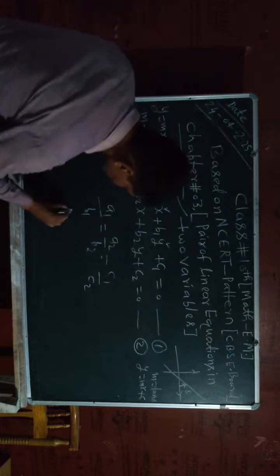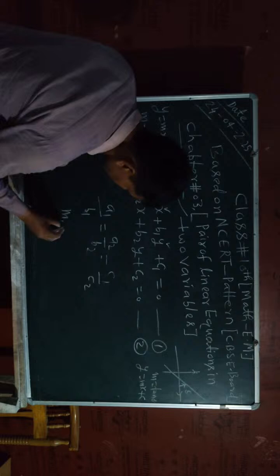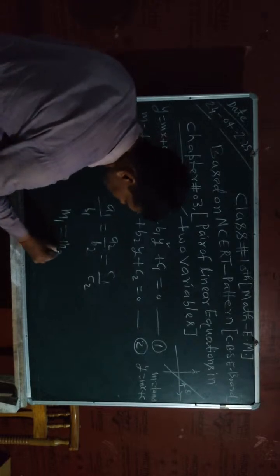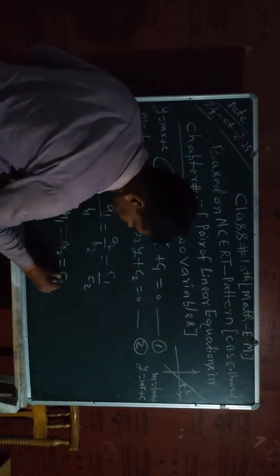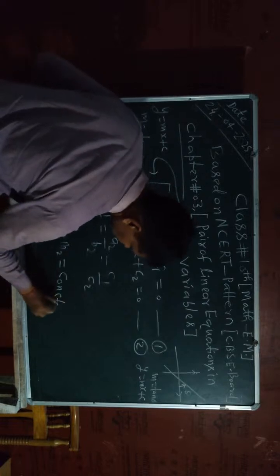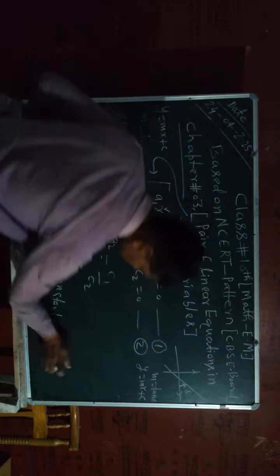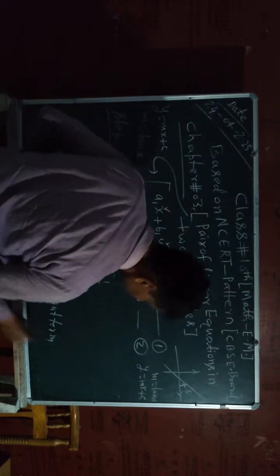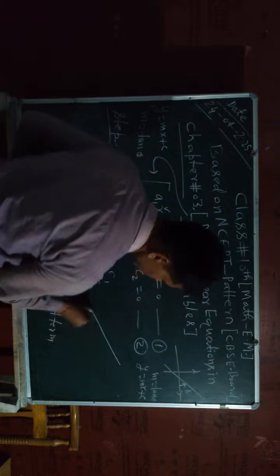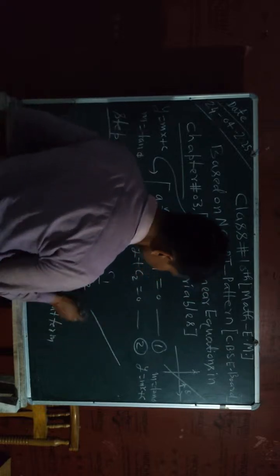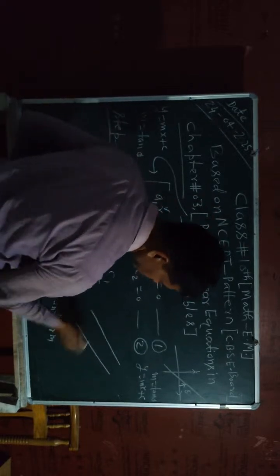Slope means pravarta. This is m1 is equal to m2 is equal to constant term ratio. It means that this is a line and this is another line.